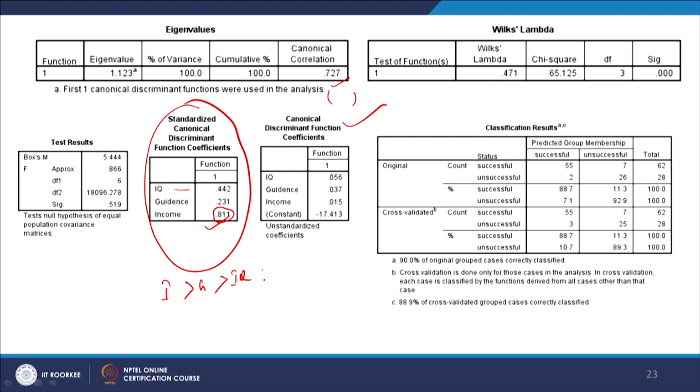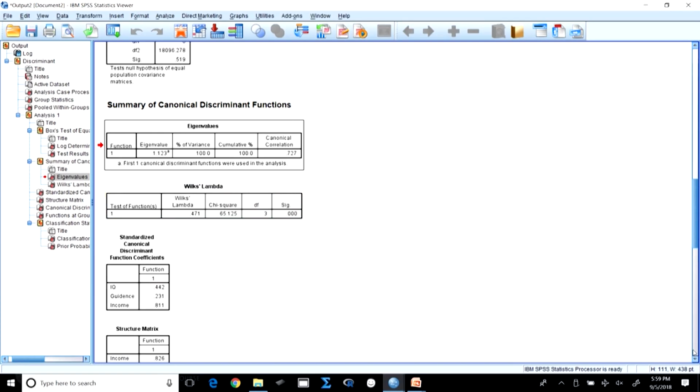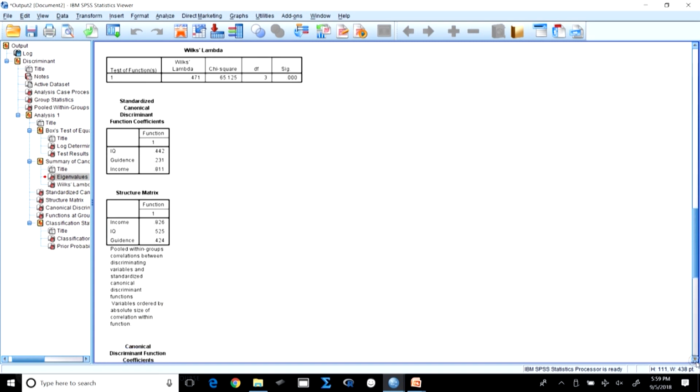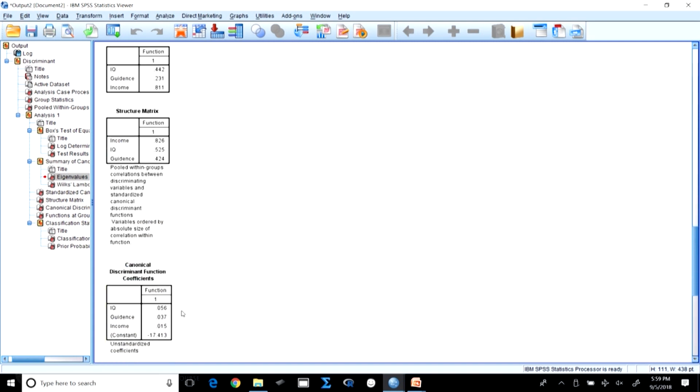Okay. Now, what is this table saying? You will get this table if you go back to the output file. This is the table I am requiring again here.